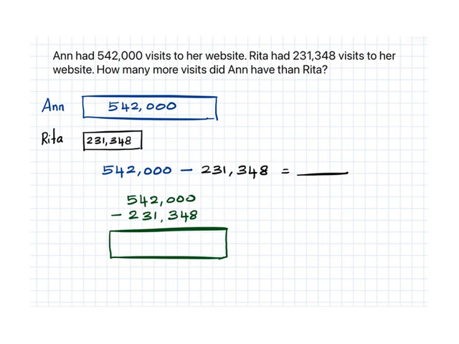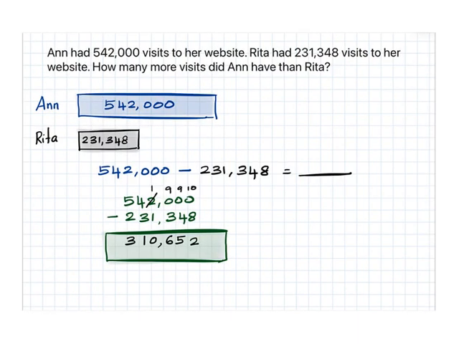So now let us subtract. So 10 minus 8 is 2. 9 minus 4 is 5. 9 minus 3 is 6. 1 minus 1 is 0. 4 minus 3 is 1. 5 minus 2 is 3.